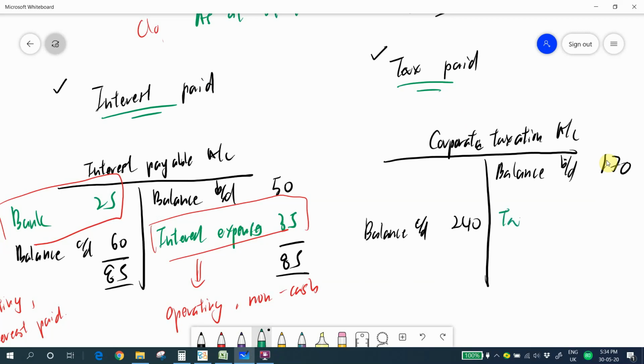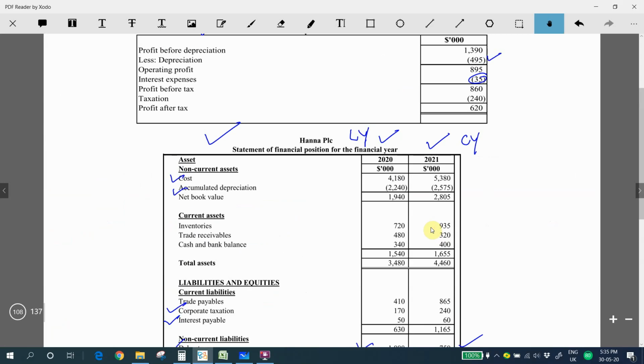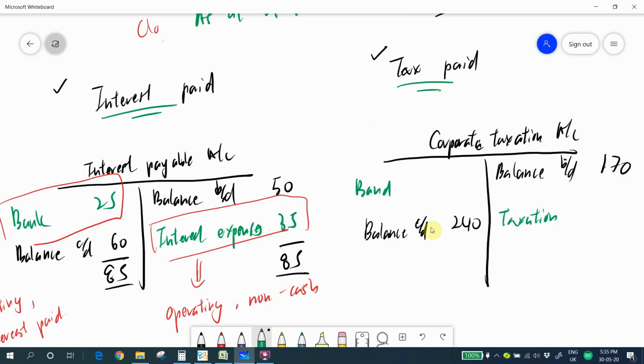We will have taxation, and we will have tax paid. So here, what is the tax during the year? 240. So we write 240 here, and then we can find what is the remaining balance.